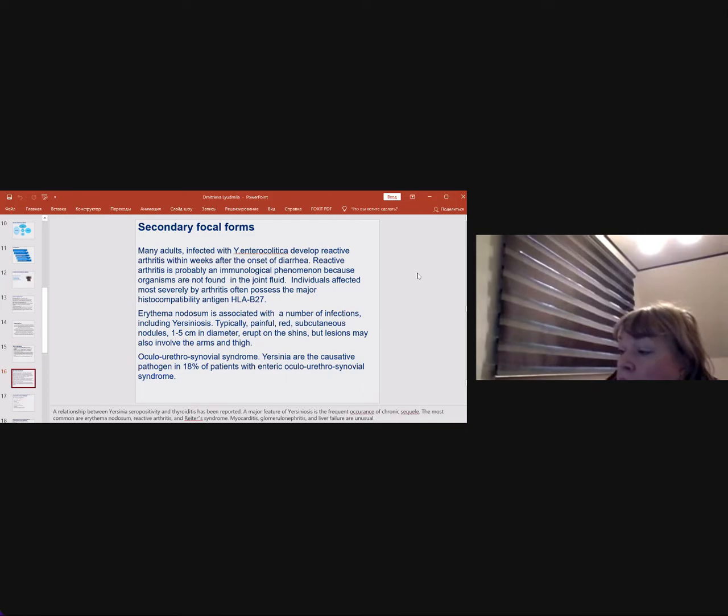And thyroiditis, autoimmune thyroiditis: usually Yersinia enterocolitica O3 serotype, or serovariant O3, may be the reason for thyroiditis. If you examine a patient with autoimmune thyroiditis, don't forget about Yersiniosis, because it may be connected with Yersiniosis.